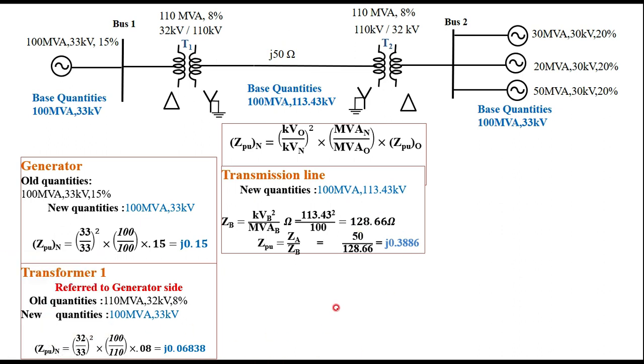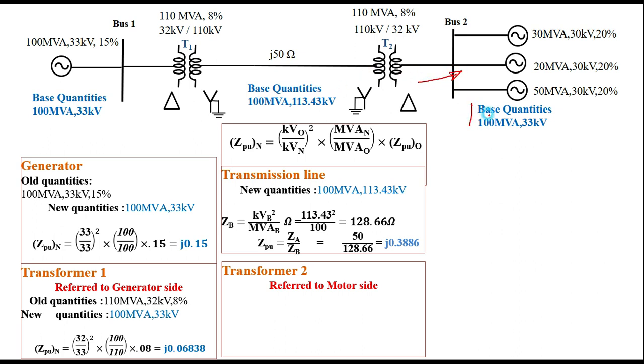Then we will move to transformer T2. Here once again I am considering the motor side. If you are considering the motor side, my base quantity will be this, and my old voltage is 32. Therefore, the old quantities are 110 MVA, 32 kilovolts, and percentage reactance 8%.